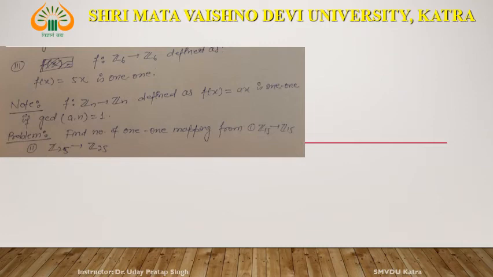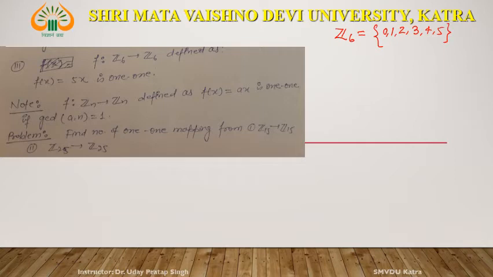Now consider another example. F from Z6 to Z6. What is Z6? Integers modulo 6 means that when any integer is divided by 6, we get a remainder of either 0, 1, 2, 3, 4 or 5.